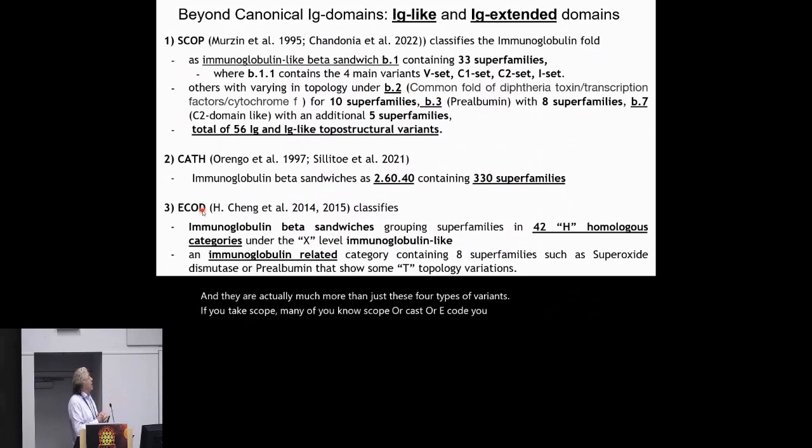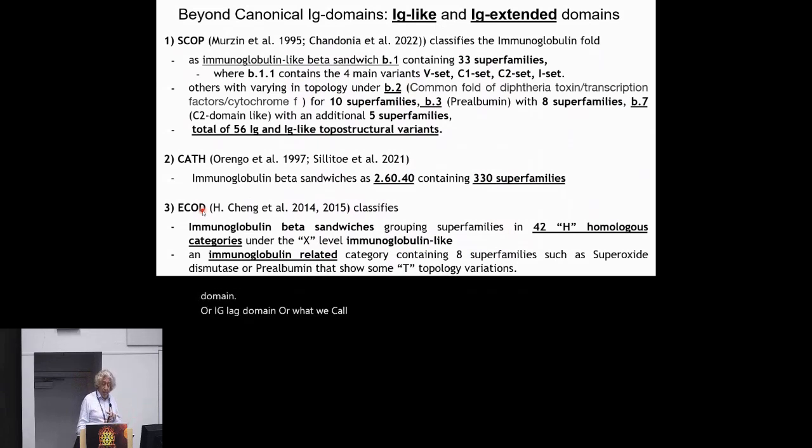These domains are categorized, let's say in CATH, as 330 superfamilies. That's quite a bit. SCOP is what we used most, and they came up with more of a geometrical way of representing that with, let's say, 56 Ig domain, or Ig-like domain, or what we call Ig extended domain.